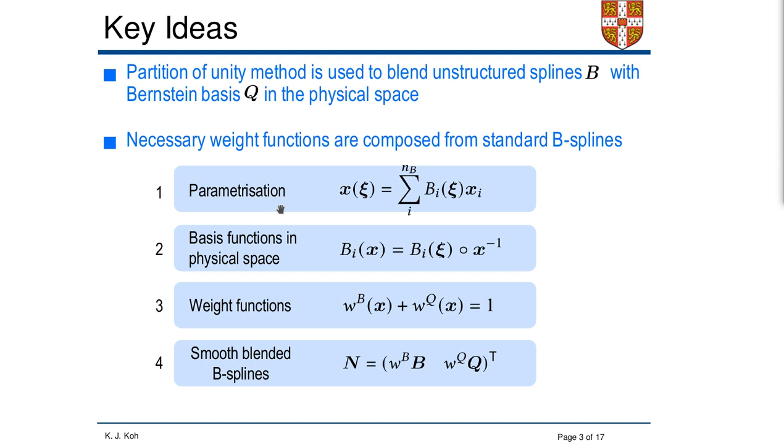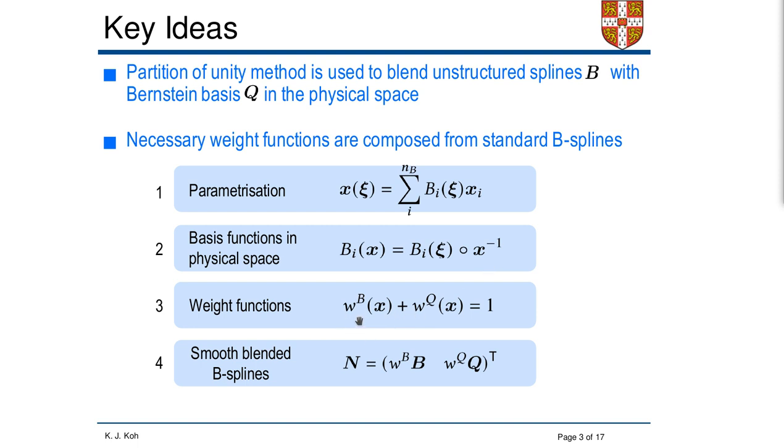Let me walk you through that now. Assuming that we are given a B-spline parameterization X, which is injective, so that the inverse is defined, we can first express the B-splines in the parameter space in physical space using composition. And then we define two sets of weight functions.